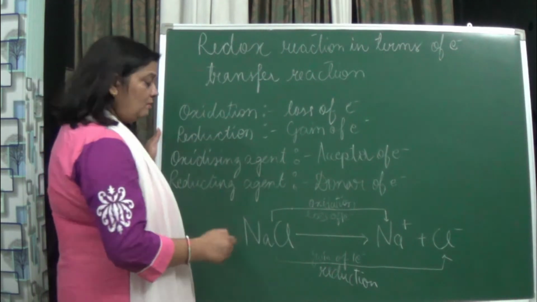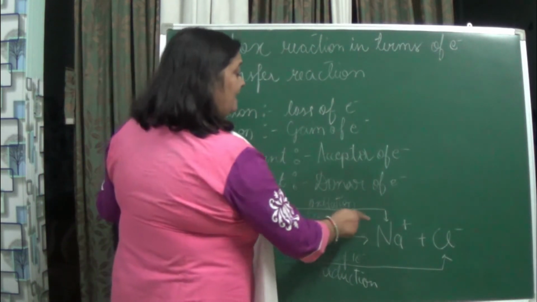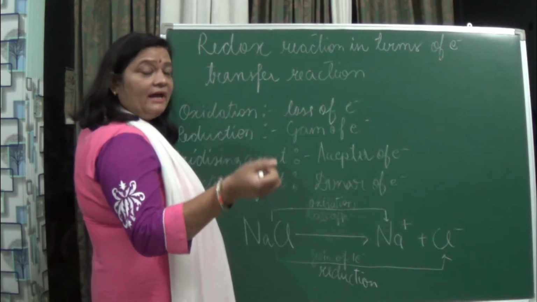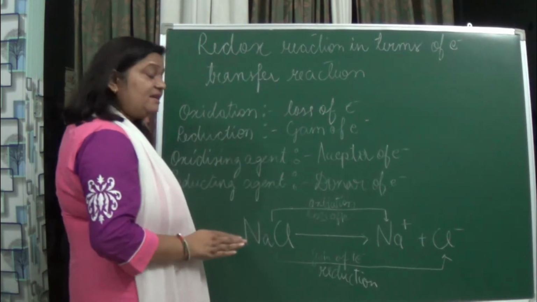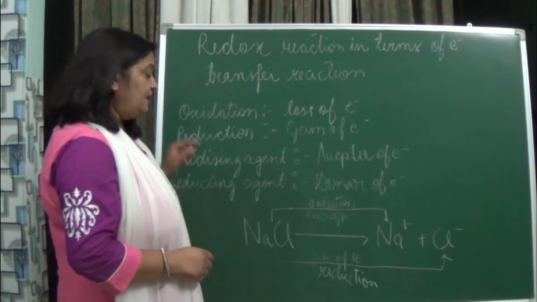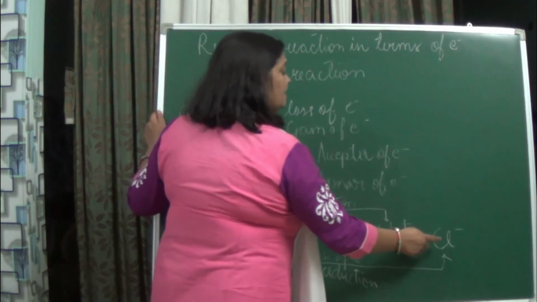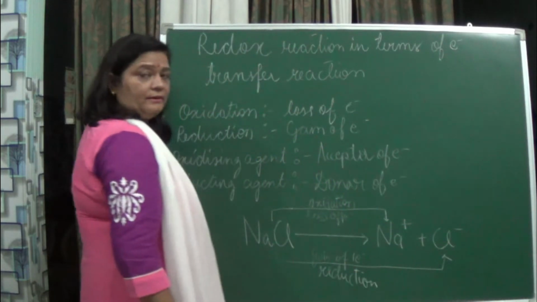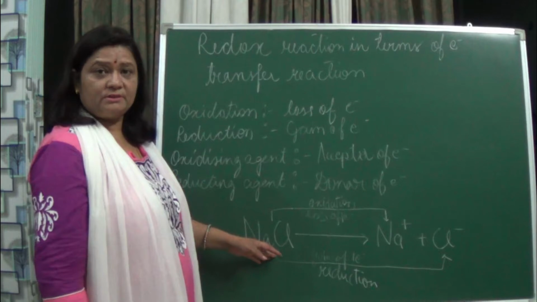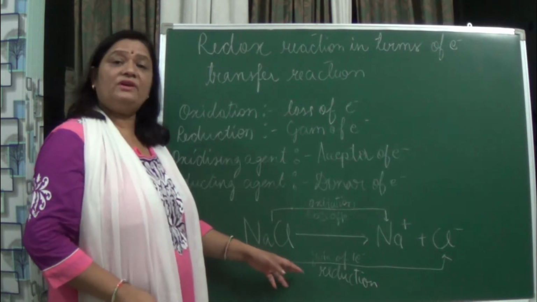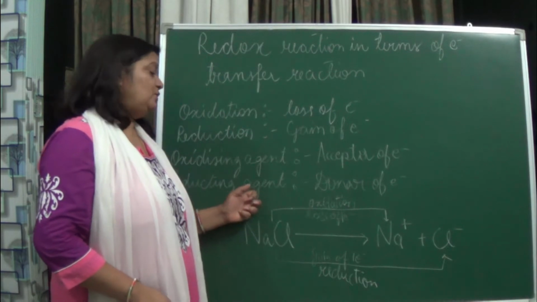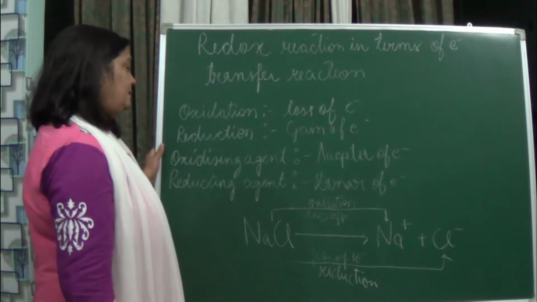Na is giving the electrons, so there is loss of electrons, which means oxidation is taking place. These electrons have been taken by chlorine, so chlorine has been reduced, because a gain of electrons has taken place.